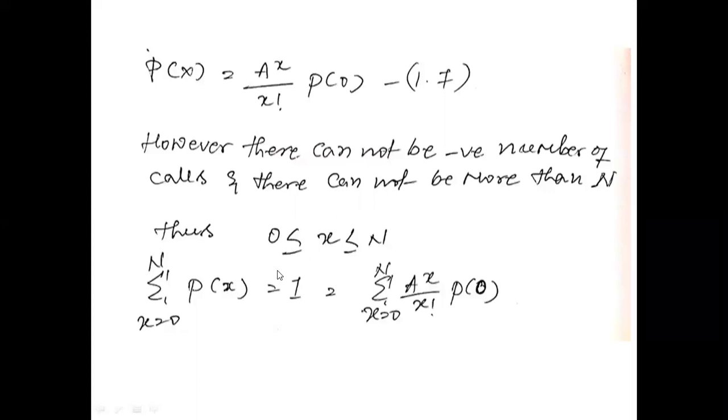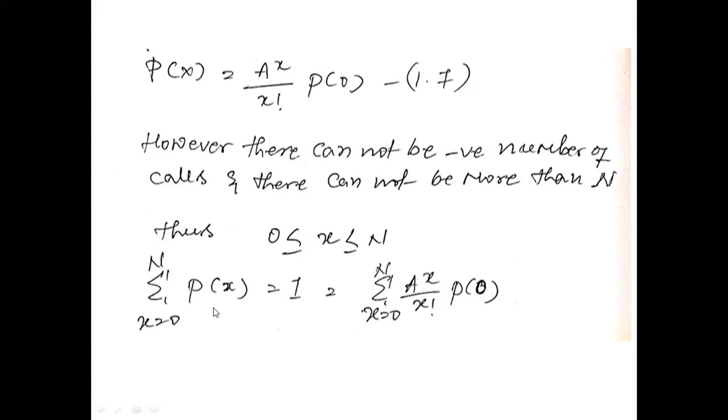That's why, in order to take the summation of p of x, instead of taking the interval over 0 to infinity, we are taking the interval between 0 to N, because the system can only support some discrete number of calls. That's why the summation of p of x over the interval 0 to capital N becomes 1.